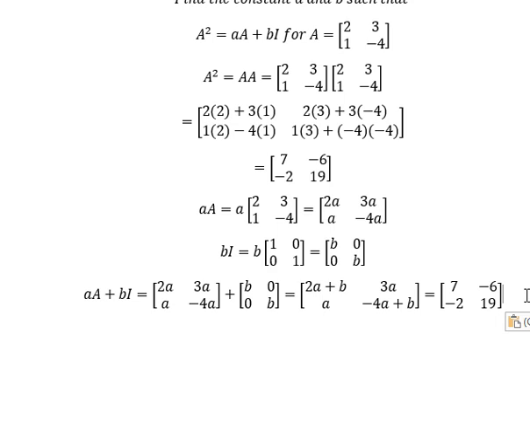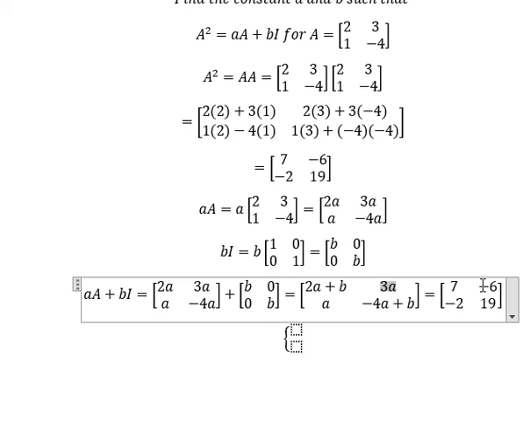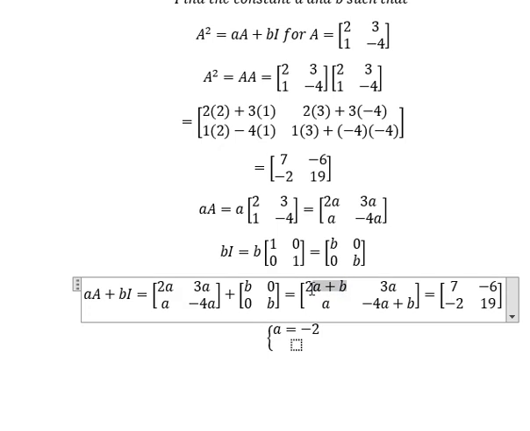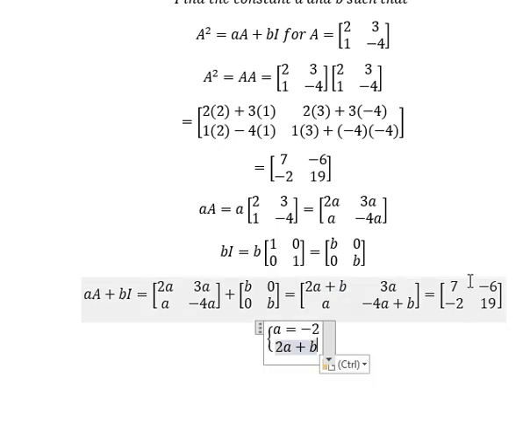So, in this situation, I will choose 3a with negative number 6, or maybe a equals negative number 2. They have the same. So 2a plus b, I will choose positive number 7.